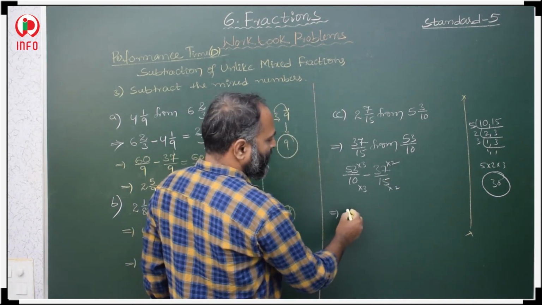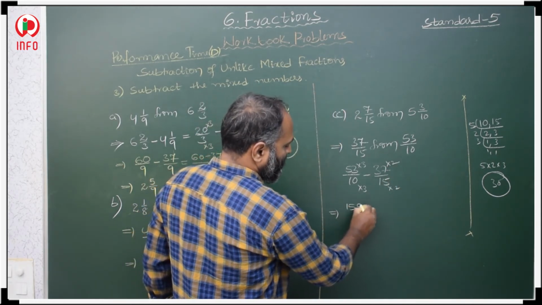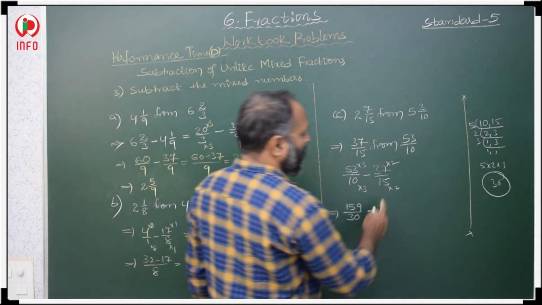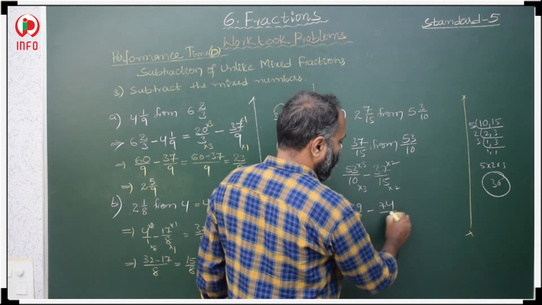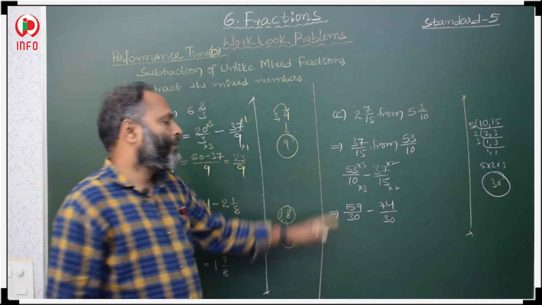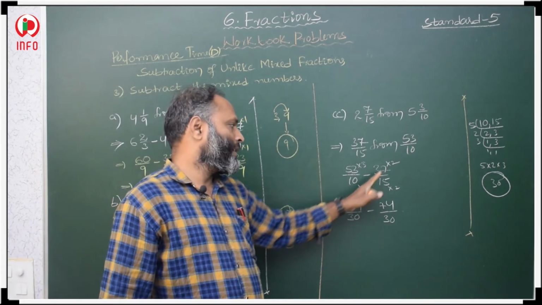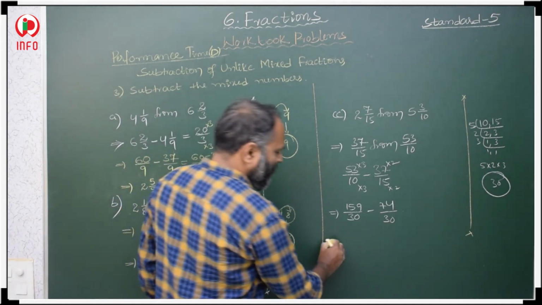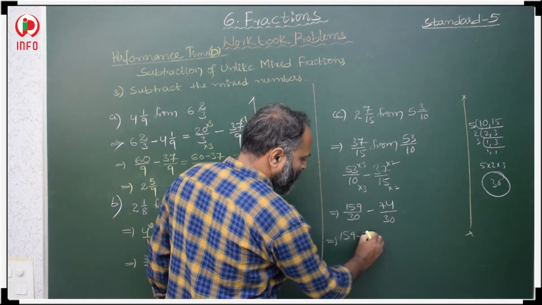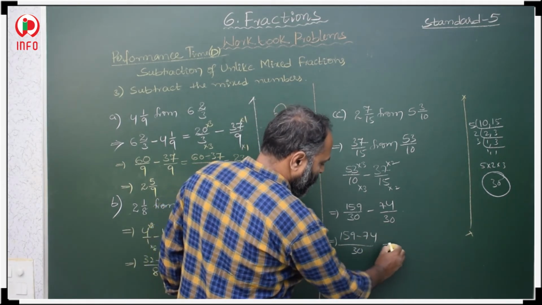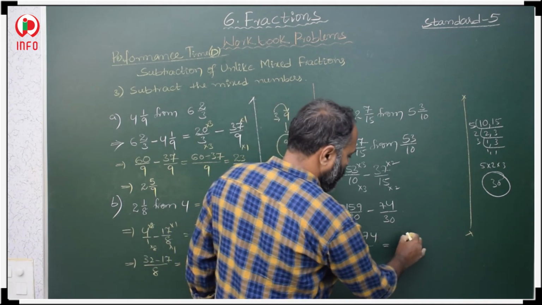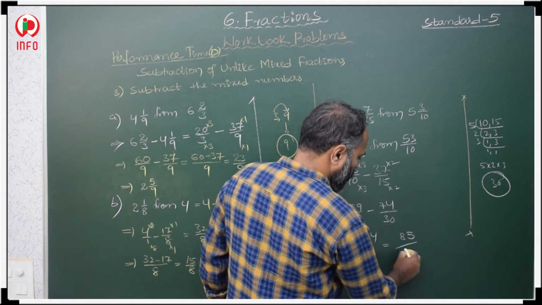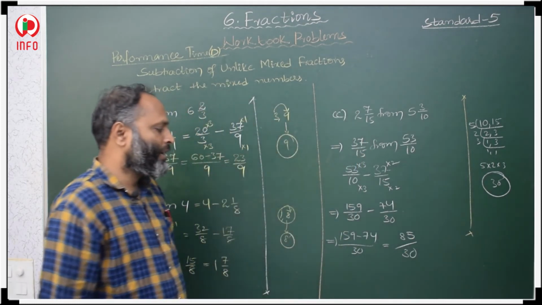Then 53 3s are 159 by 30, then 37 2s are 74 by 30. Then numerators, 159 minus 74 by 30. 159 minus 74: 9 minus 4 is 5, 15 minus 7 is 8, so 8 by 30.